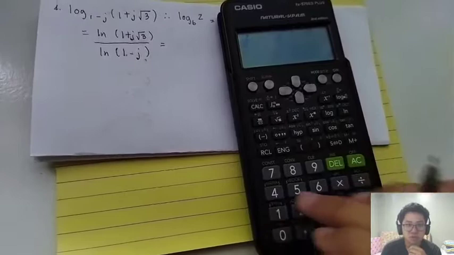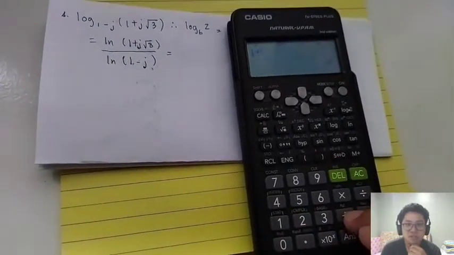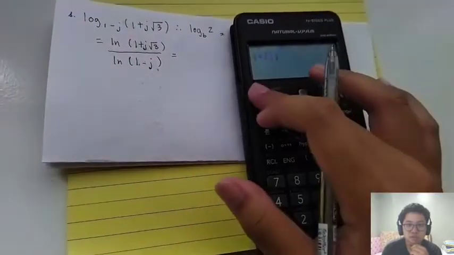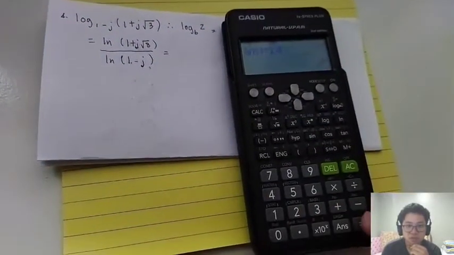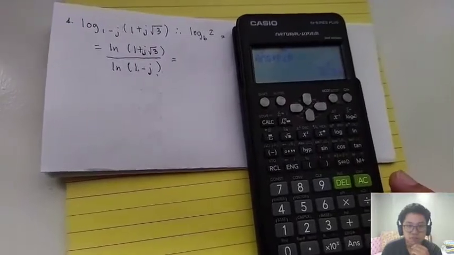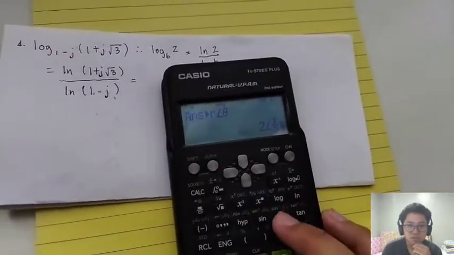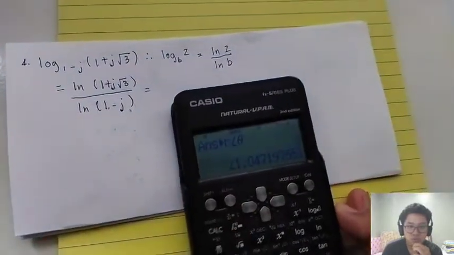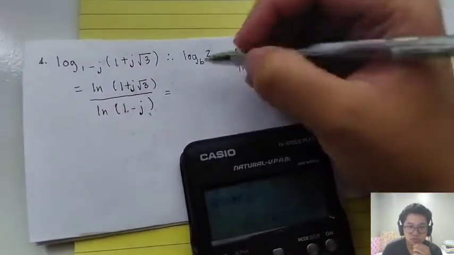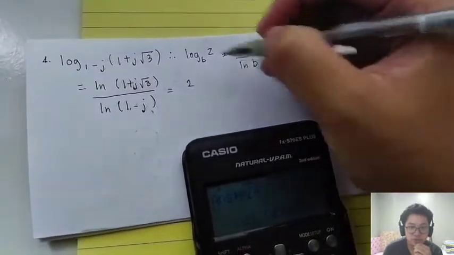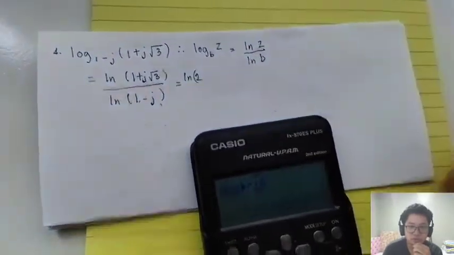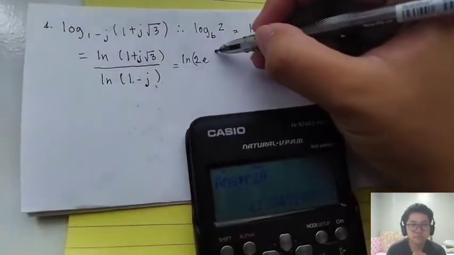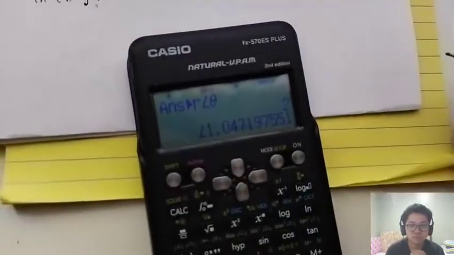That is 1 plus j square root of 3 in its exponential form, that is 2 e raised to j 1.04. Rounding up, that is 1.05.